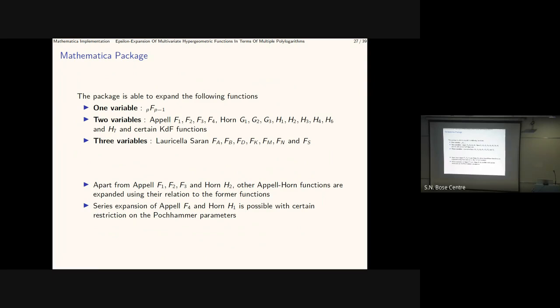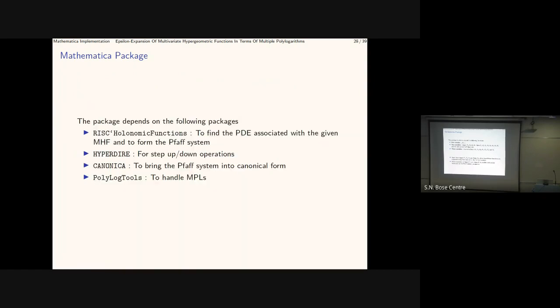And apart from Appell F1, 2, 3, and H2, all the Horn functions are evaluated using their transformation theory to Appell F2 or these four functions. But Appell F4 and H1 are not possible to expand without restricting certain parameters, because these are too complicated to expand in series.